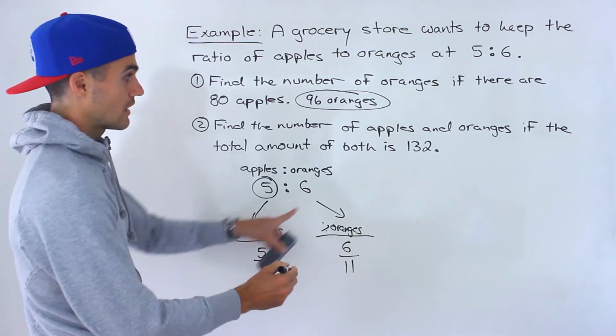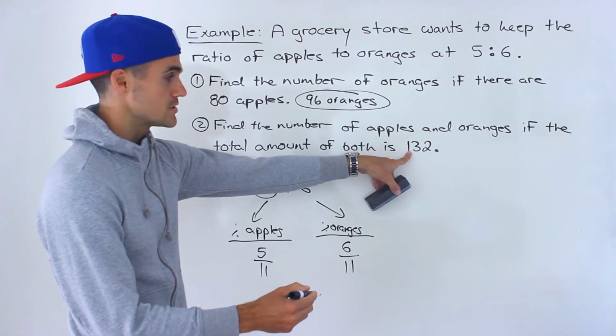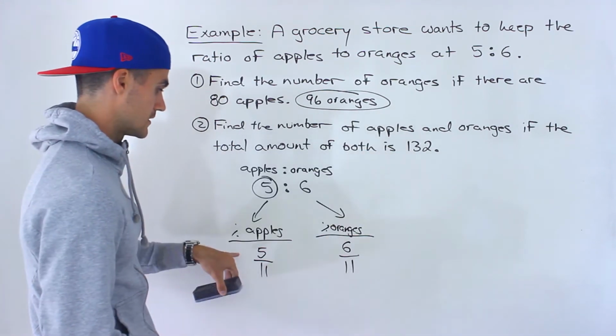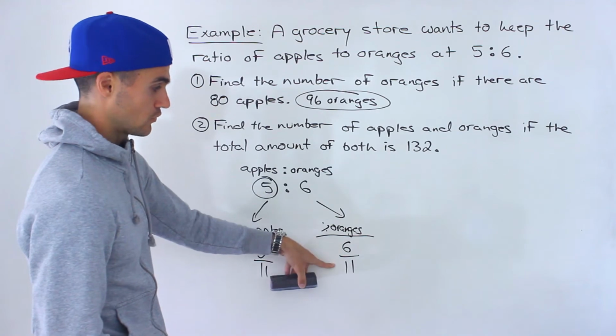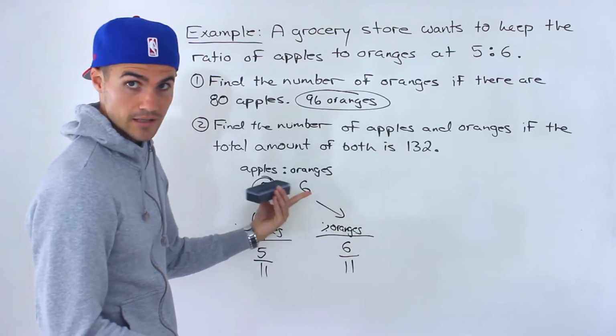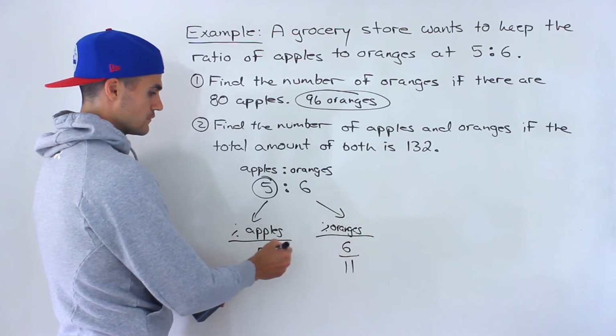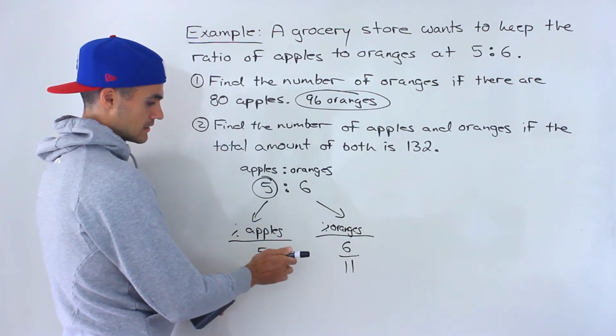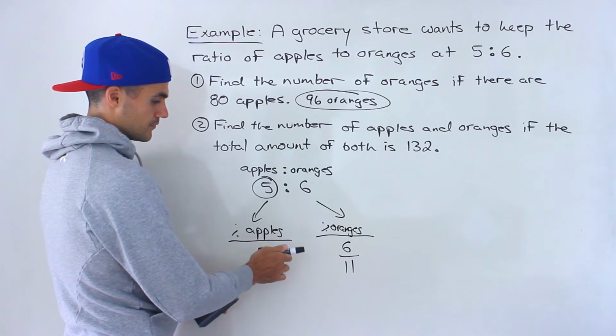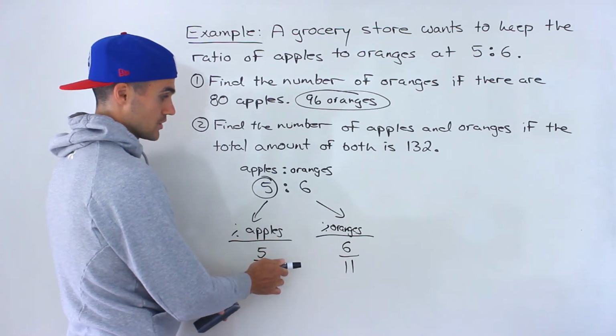Now we know 5/11ths has to be apples. We could take 5/11 multiplied by that total 132 to get the number of apples, and 6/11 times 132 to get the number of oranges. These fractions, another way to think of it, also represent the apples to total ratio.